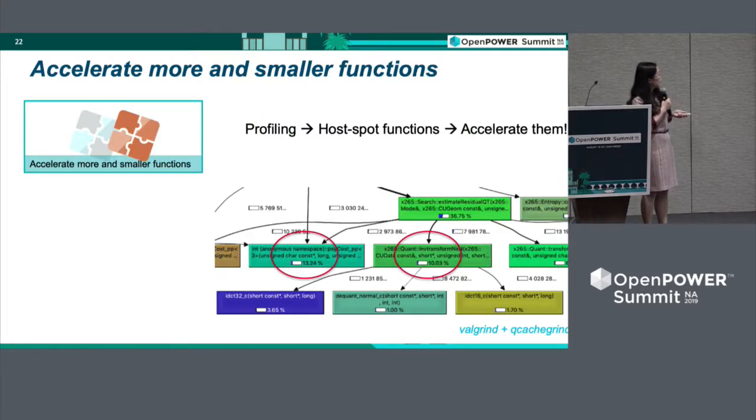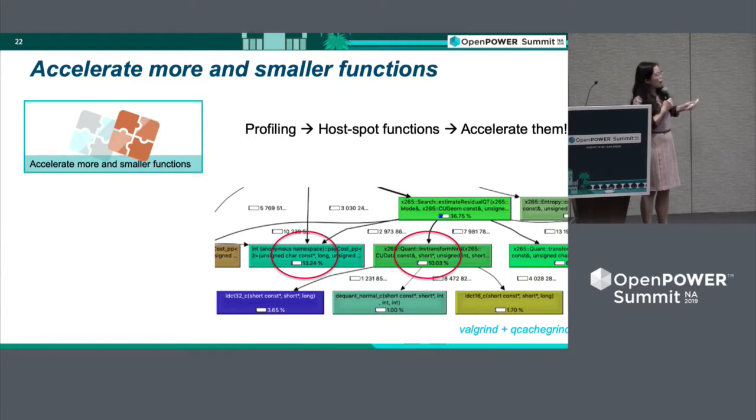So the first idea is with OpenCAPI Acceleration Framework, you can try to accelerate more and smaller functions. Basically, we can do profiling. This is a part of the diagram where we did profiling for an H.265 video encoder.